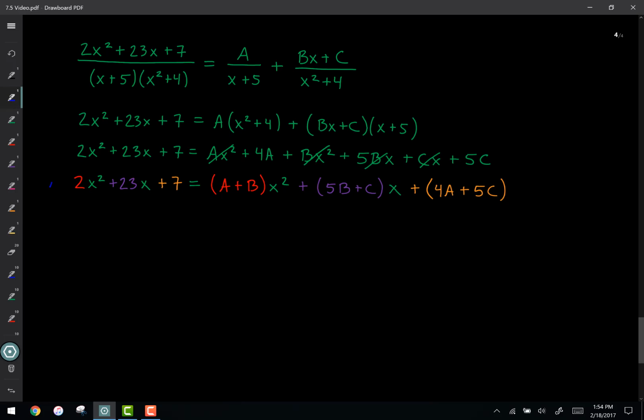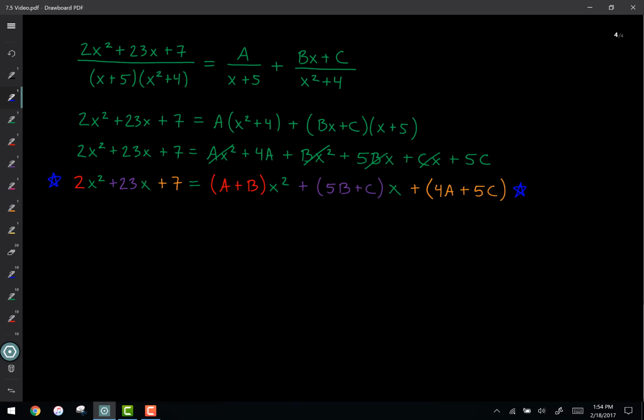Okay? And the reason why I'm color coding all this stuff is this equation that we have now, it is saying that I have one polynomial, the left-hand side, equals another polynomial, the right-hand side. And two polynomials are equal, so they're the same polynomial, if and only if all of their coefficients agree. What that means is I get a system of three equations and three unknowns.